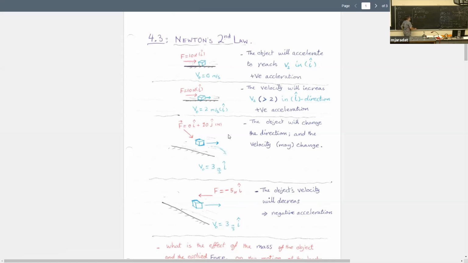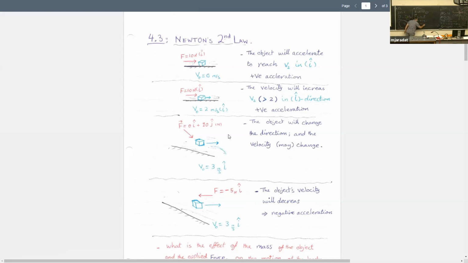If we have 10 newtons and the mass is 2, what is the acceleration? 2 multiplied by something will be equal to 10. How much? 5. Okay, if I magnify the force, and make it 40, the mass is the same.